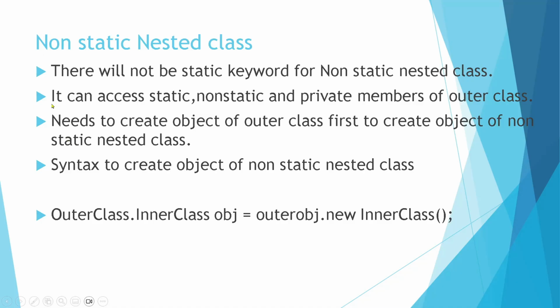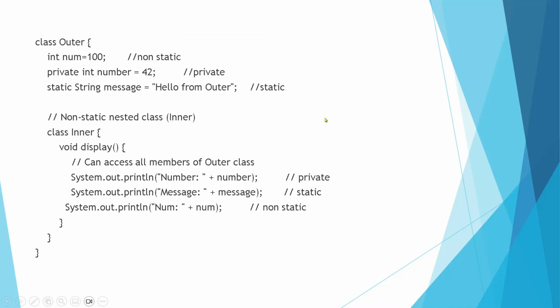Next property is it can access static, non-static, and private members of the outer class. So within this example, you can see the outer class has three types of variables. First variable having data type integer is non-static.